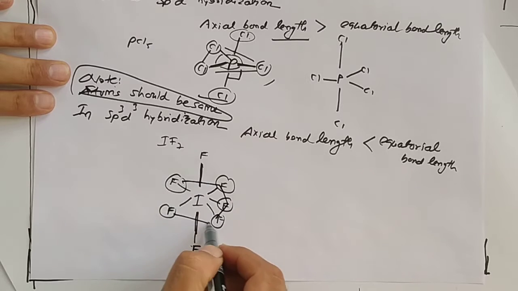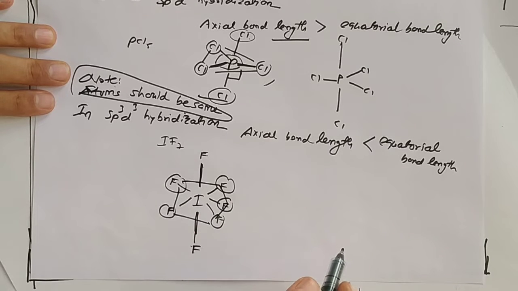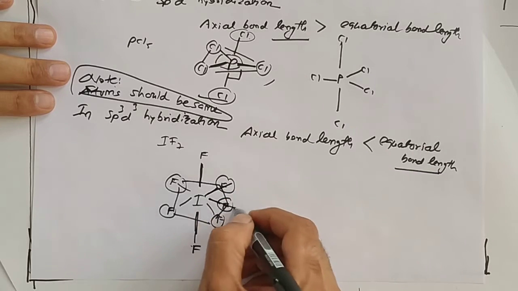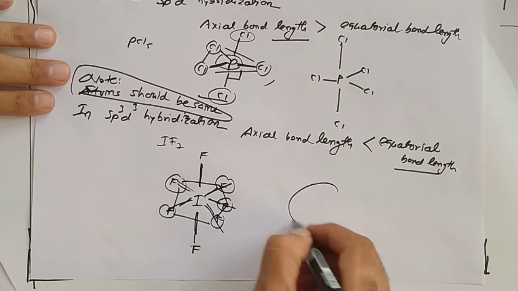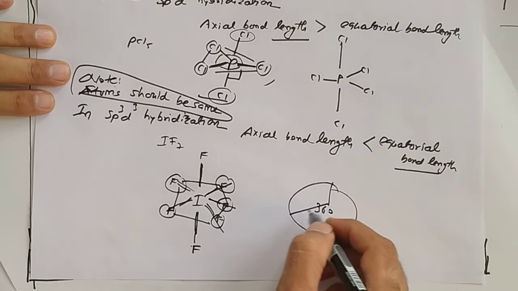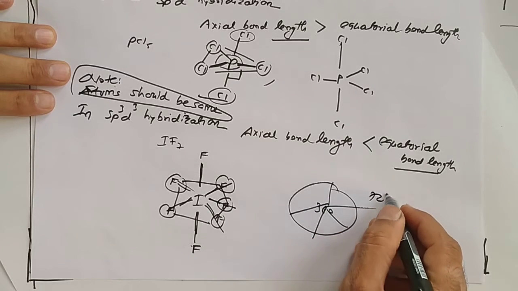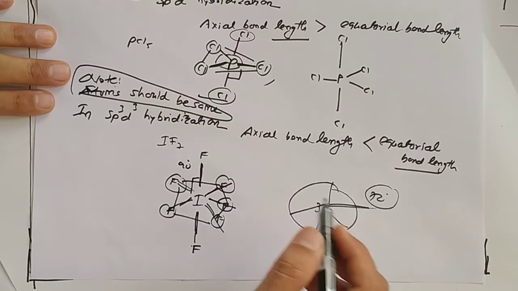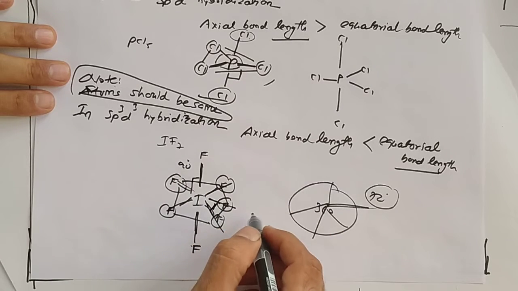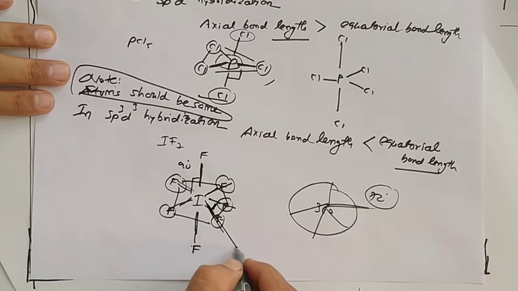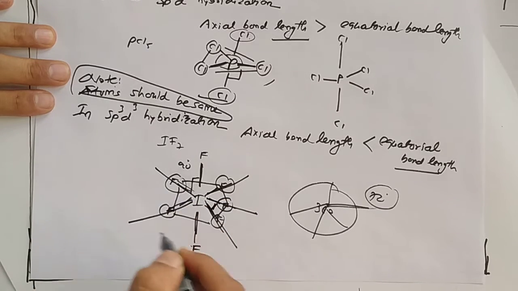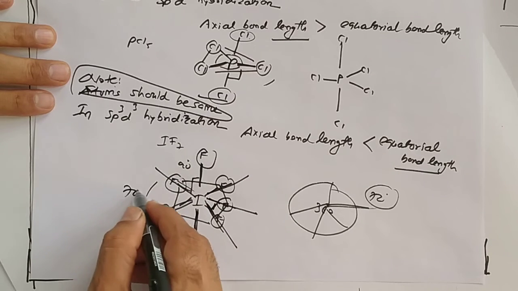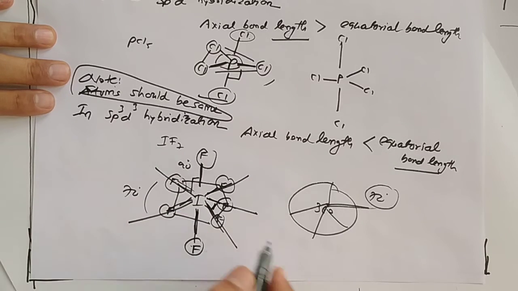So all the 5 equatorial have long bonds, because 360 divided by 5 gives 72 degrees. This is 90 degrees. So at 72 degrees repulsion is more, so this bond length is high. Then these two are short. 72 degree repulsion is more than 90 degree.